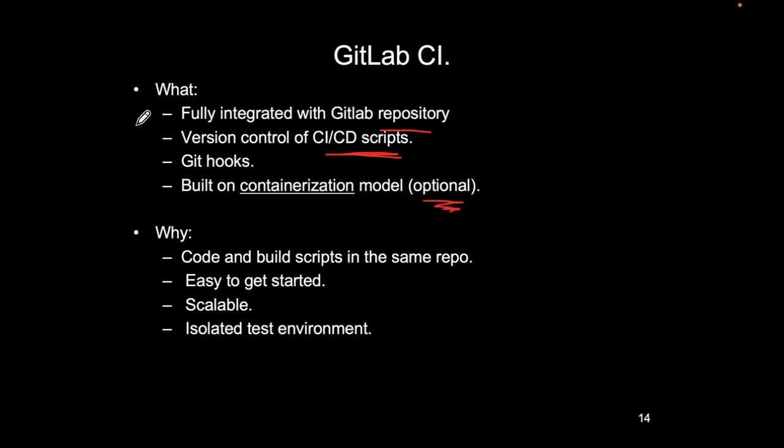So that's kind of in general what GitLab CI is all about. And why should we go over this code and build? It turns out that in our Git repository, clearly we're going to have the source code for our application, but we're also now going to have the CI/CD scripts, which we generically refer to as build scripts, even though the word build might suggest it's only one part of the CI/CD process.